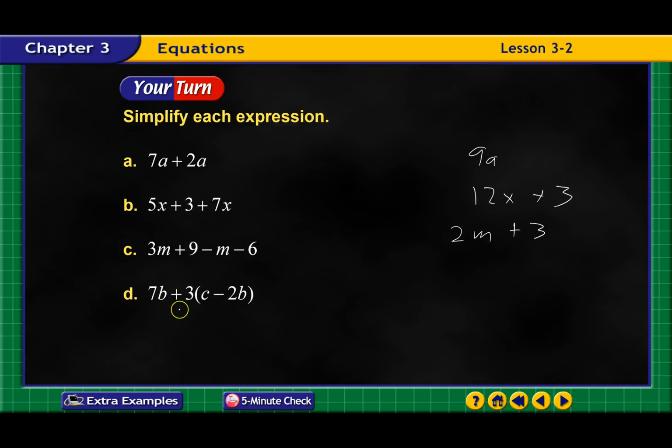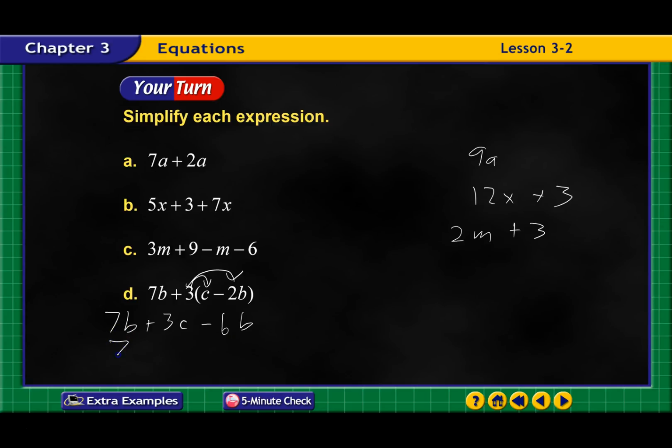So this one will distribute out a little more here to make it a little easier on us. So I'm going to have to do it this way. So 7b plus 3c, 3 times there, and then minus 6b. Combine like terms, 7b's minus 6b's.